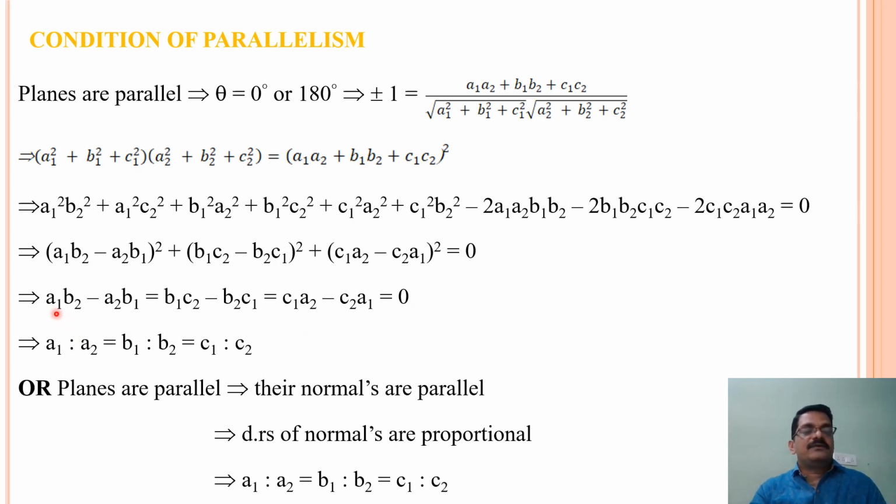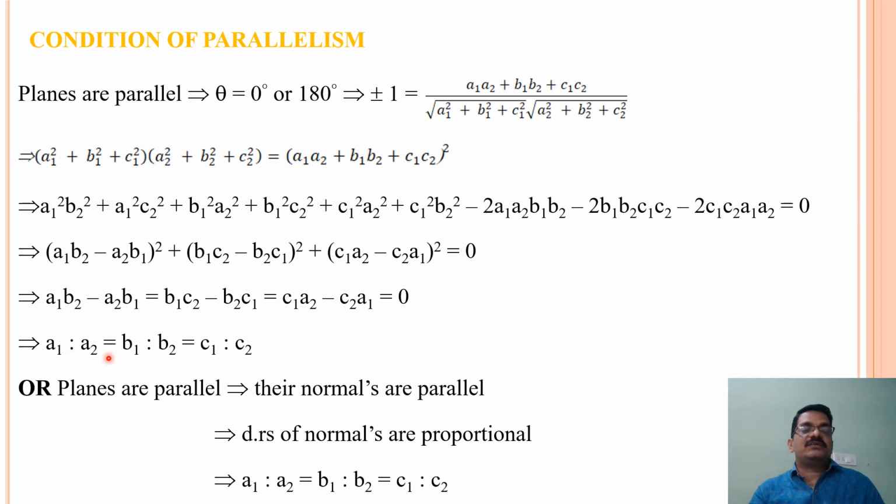That implies A1 B2 minus A2 B1 is equal to 0 implies A1 by A2 is equal to B1 by B2. Here B1 by B2 is equal to C1 by C2. Here C1 by C2 is equal to A1 by A2. That implies A1 is to A2 is equal to B1 is to B2 is equal to C1 is to C2. So planes are parallel.